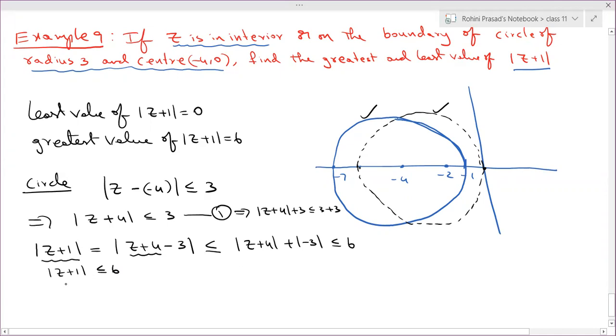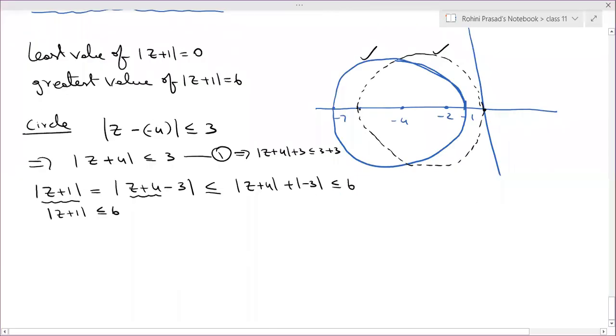And the minimum value of this is clearly 0, the least value. You can get it from the diagram. To find the least value, we can take the circle equation, mod z plus 4 is less than or equal to 3.